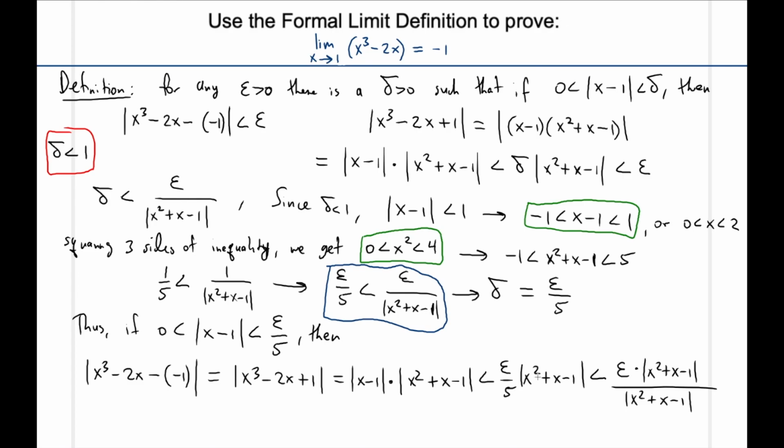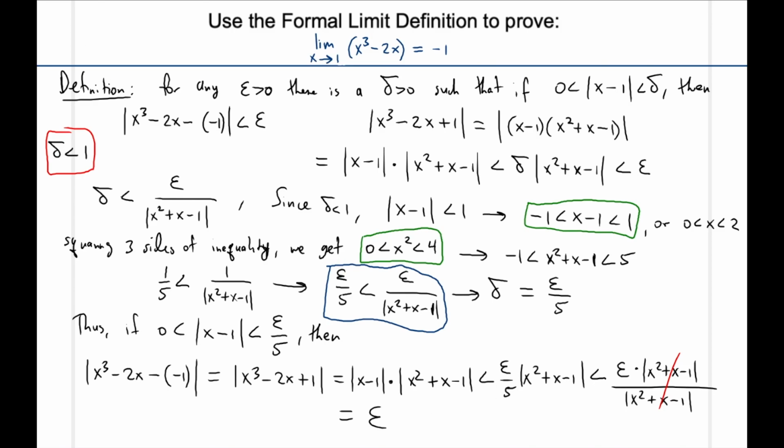So if you think of epsilon over 5 multiplied by the absolute value of the quadratic polynomial, then you should also multiply this side by the absolute value of the same quadratic polynomial, right? Which is why you get that part. The numerator gets multiplied by that. But the magic part is that now these two cancel out, and we get the epsilon on the right side. So what did I show? I showed that the left side we started with is indeed less than the epsilon.